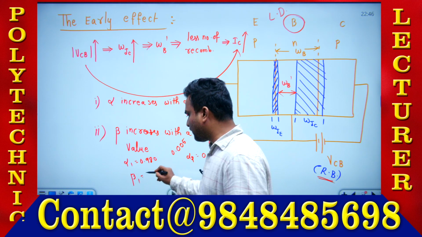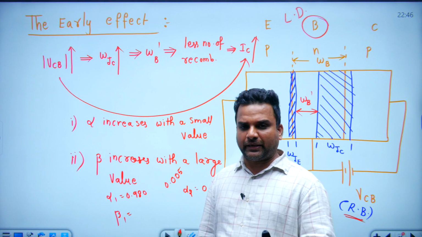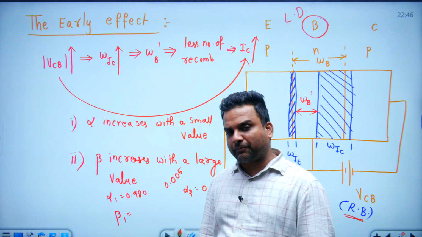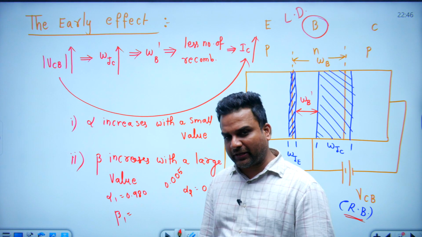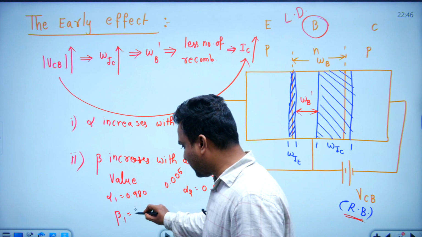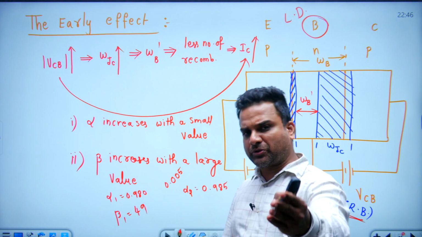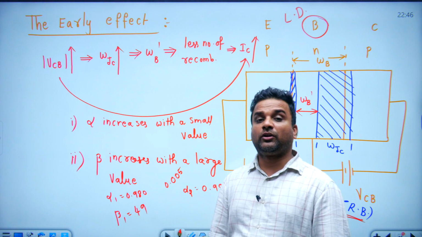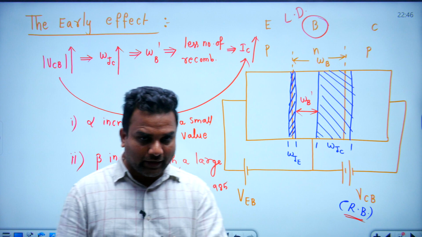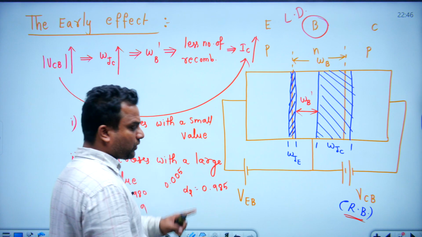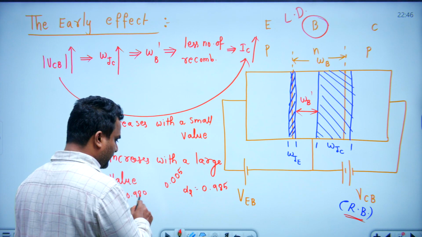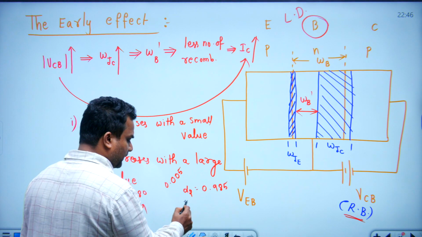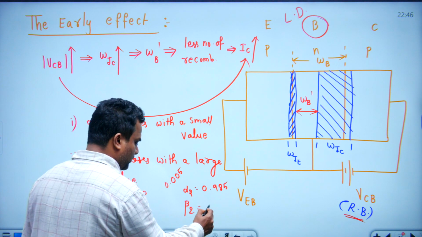When you take beta in terms of alpha, that is alpha by 1 minus alpha, 0.985 by 1 minus 0.985, you will get 49. Alpha by 1 minus alpha is the formula. Whereas, you take alpha 1 as 0.980 and alpha 2 as 0.985, then beta 2 will be around 62.